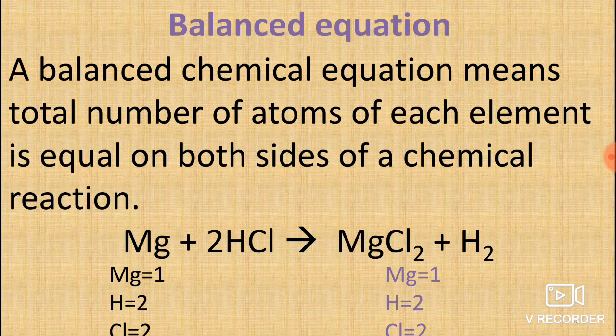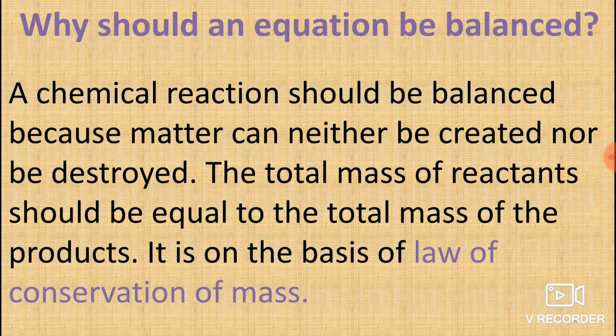Now see, one magnesium on the left hand side and one magnesium on the right hand side, 2 hydrogen on the left and 2 hydrogen on the right, and 2 chlorine on the left and 2 chlorine on the right. Now the number of atoms on the left hand side is equal to the total number of atoms on the right hand side. This kind of equation is called a balanced equation, right?